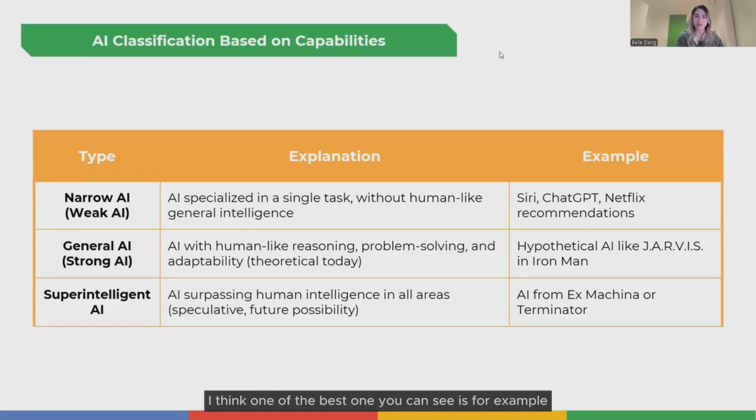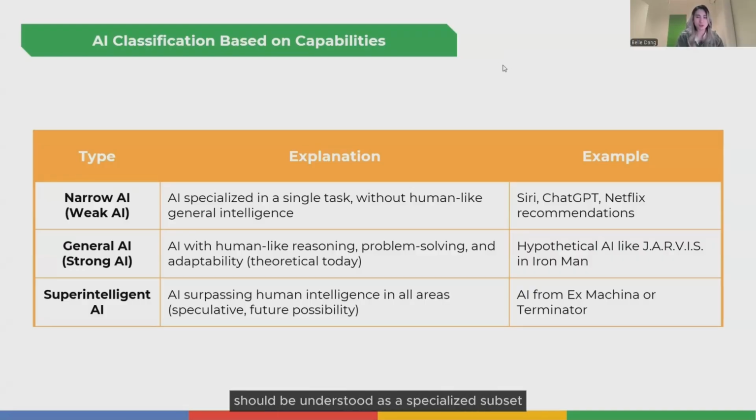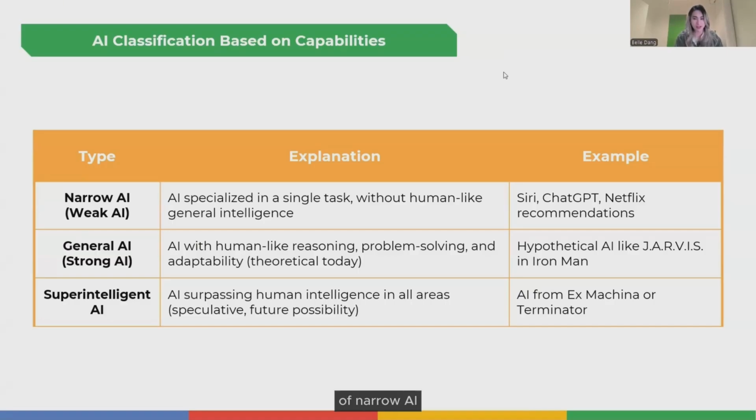I think one of the best examples you can see is Netflix recommending a series you didn't know you would love, but now you can start watching. So now you might have heard me mention ChatGPT or generative AI a couple of times and wonder if this is a different type of AI. However, generative AI, or GPTs, should really be understood as a specialized subset of narrow AI.